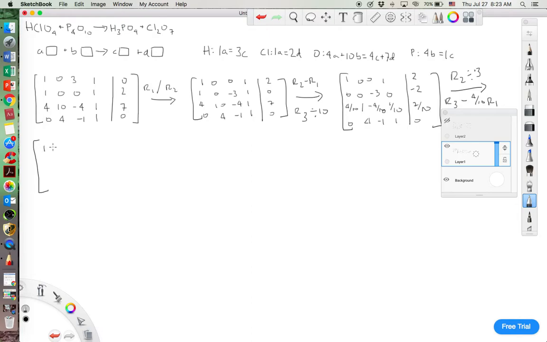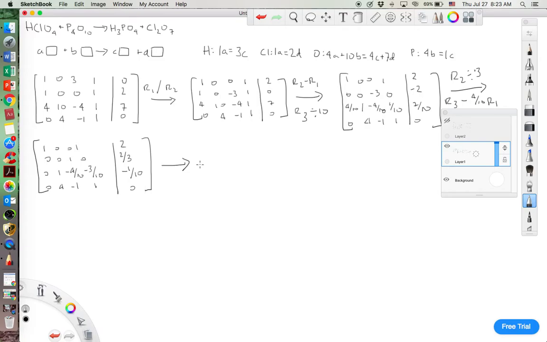So we've got 1, 0, 0, 1, 0, 0, 1, 0, 0, 1, negative 4 tenths still, and negative 3 tenths. And then on the bottom, 0, 4, negative 1, 1. So 2, now we've got 2/3, negative 1/10, and 0.